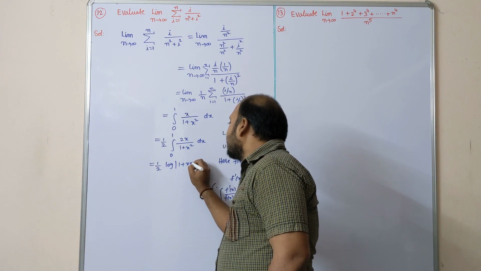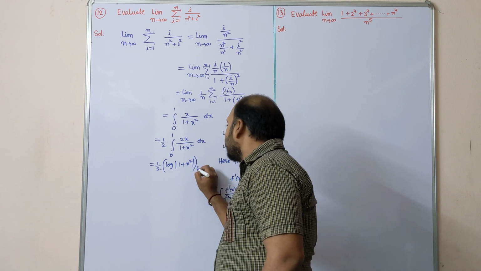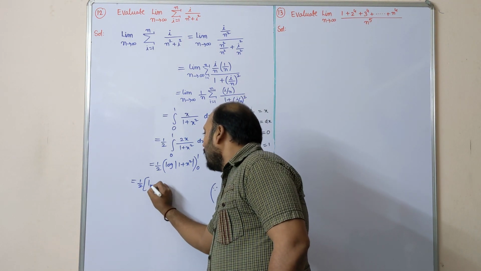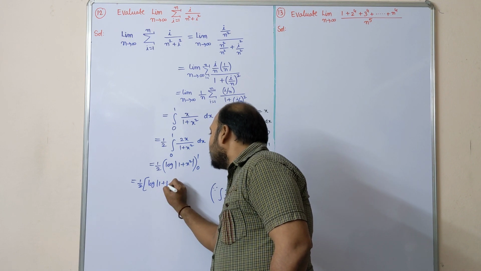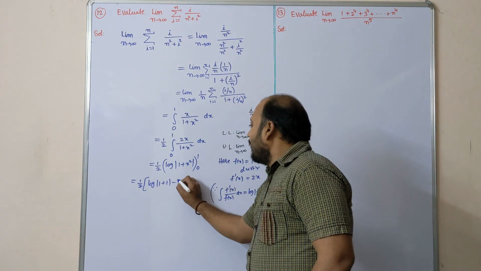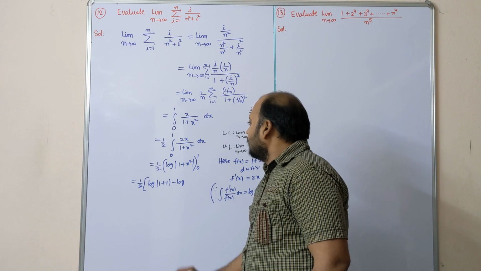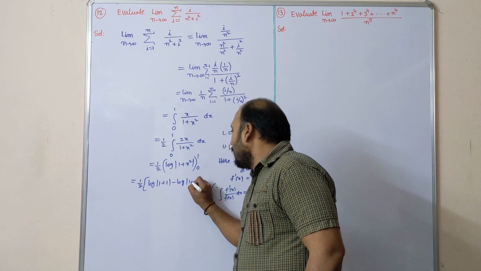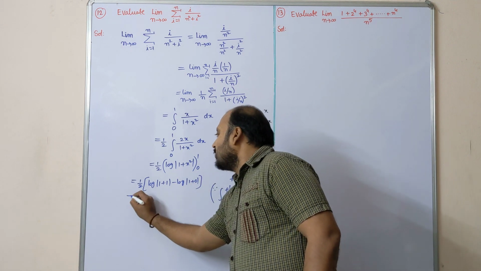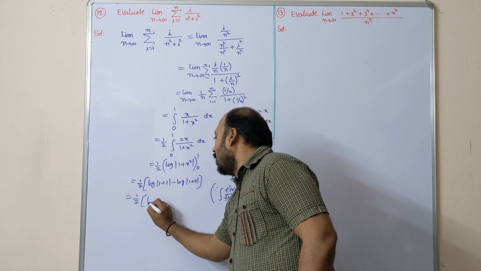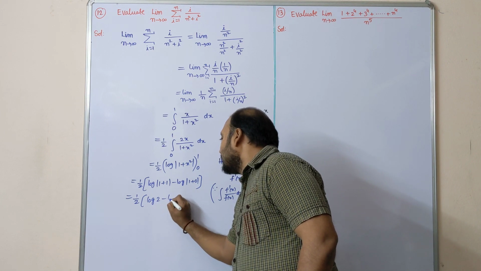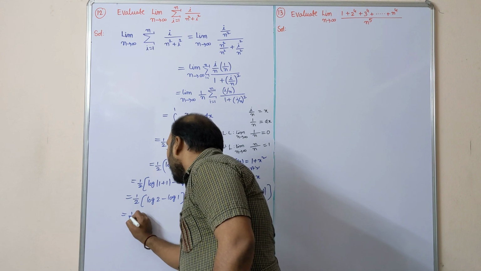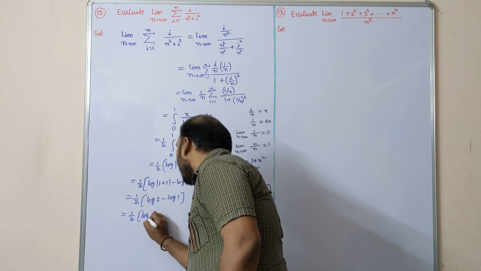Log 1 plus x square, applying the limit 0 to 1. So half into log 1 plus 1 square, 1 square means 1, minus log 1 plus 0. So that is equal to 1 by 2 log 2 minus log 1. So log a minus log b, log a by b. 1 by 2 log 2 by 1.